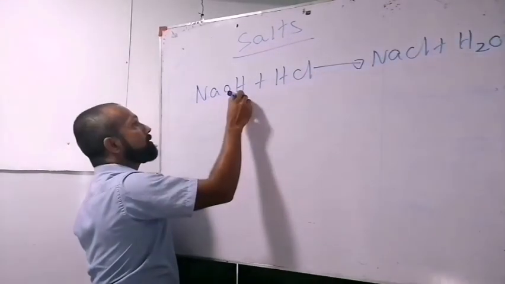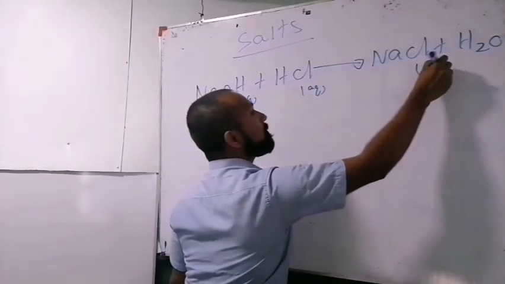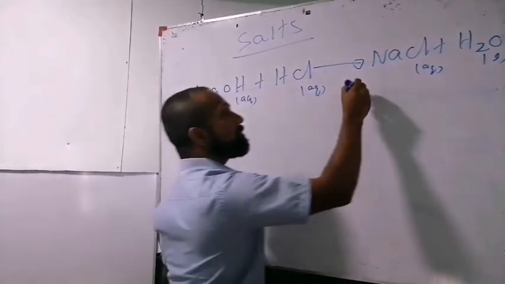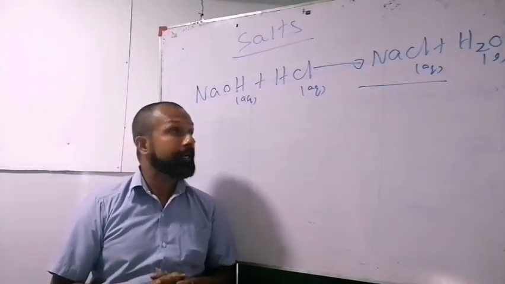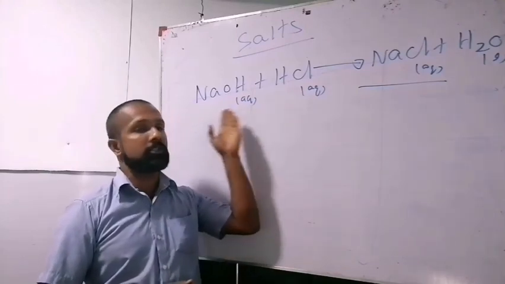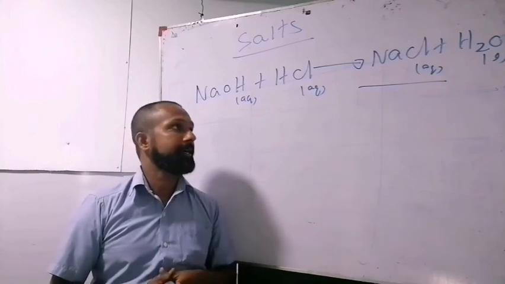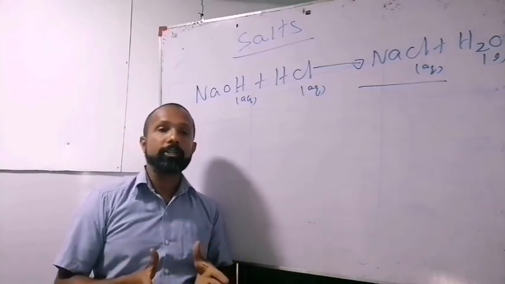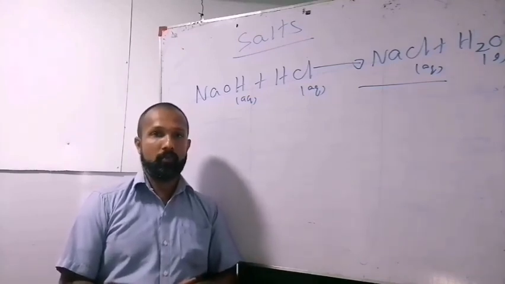Here, all this is in an aqueous, liquid medium. Sodium chloride is a salt. What are called salts? Salts are produced by the neutralization of an acid and a base. You know that salts do not show any color with the indicators.